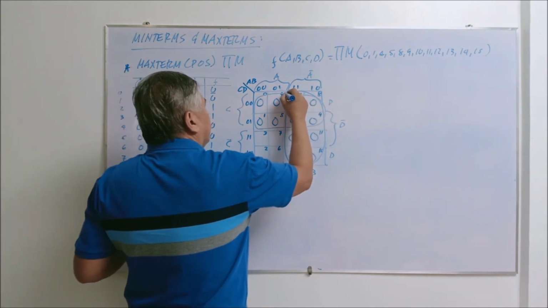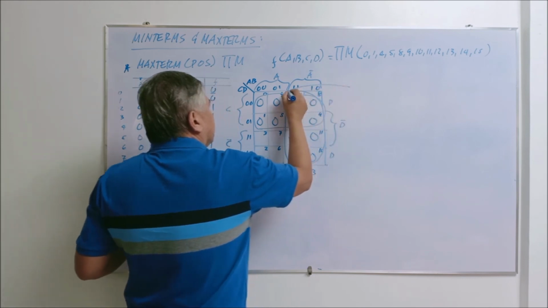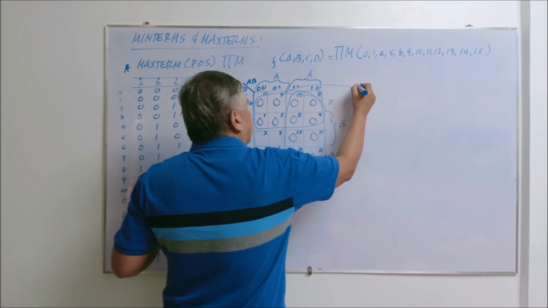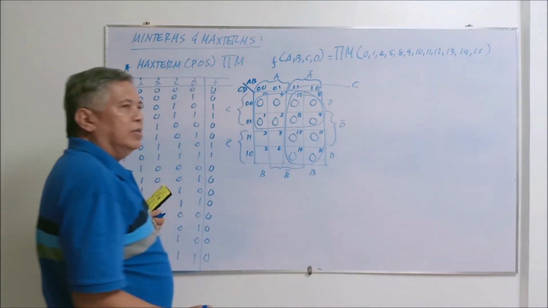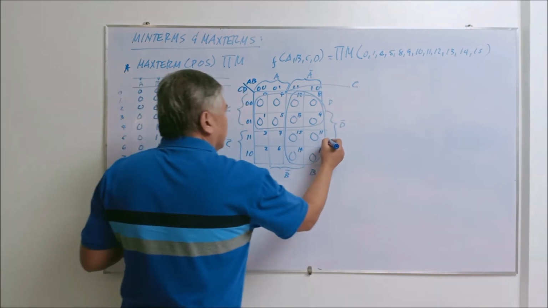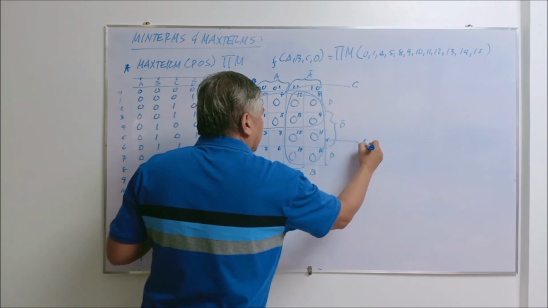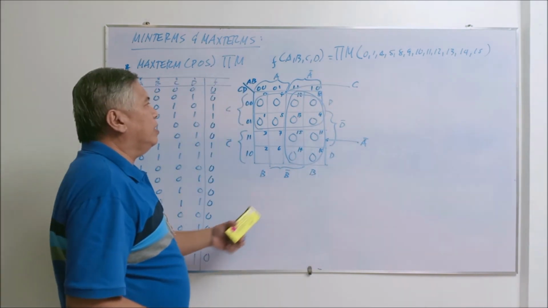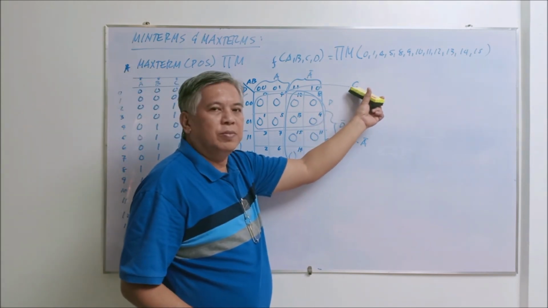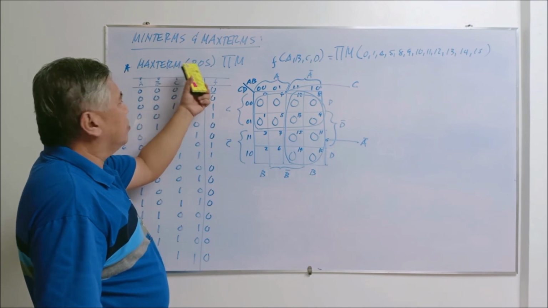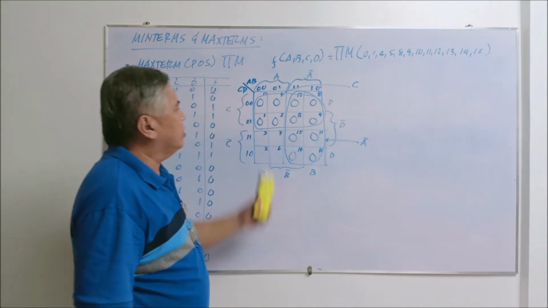So what will be our equation? So this one here, this 8 adjacent cells, this one is under C. Okay? And this one here is under A bar. So this one here is a sum term. And this is another sum term. And since we are using product of sum means what?